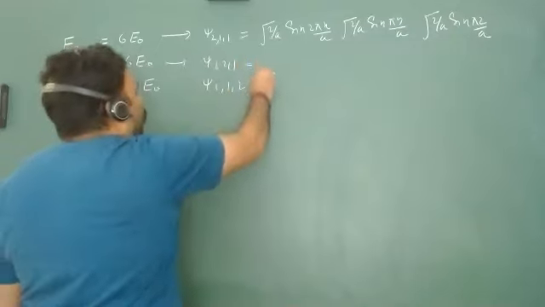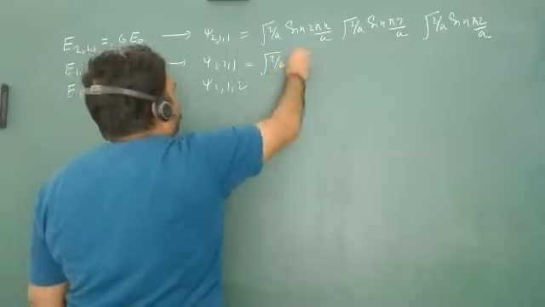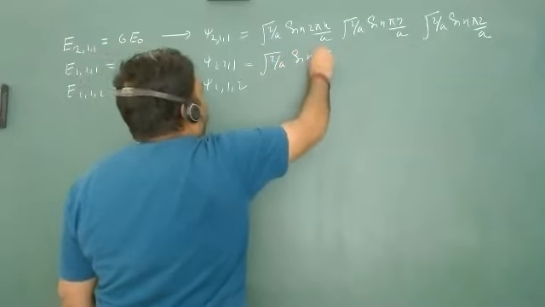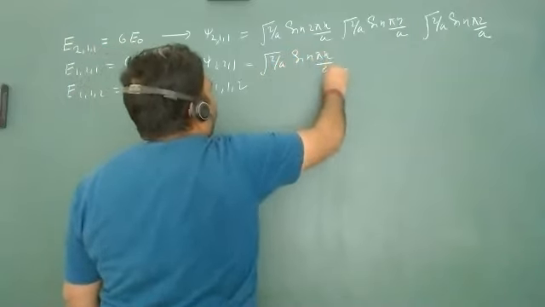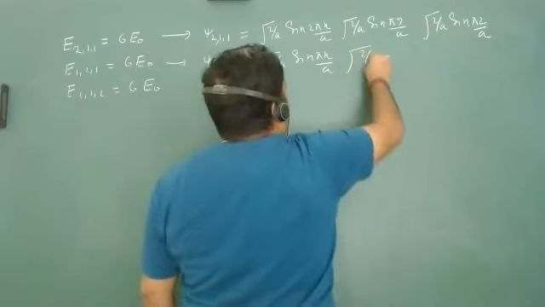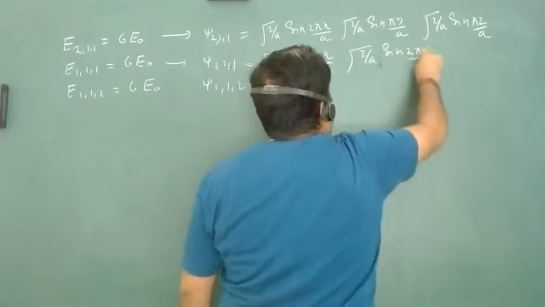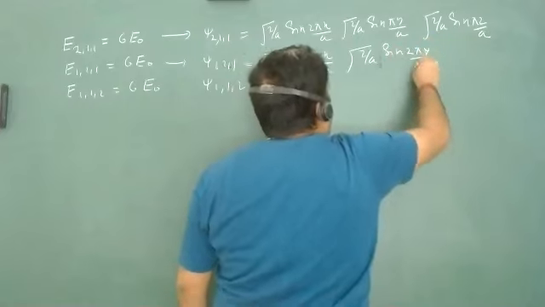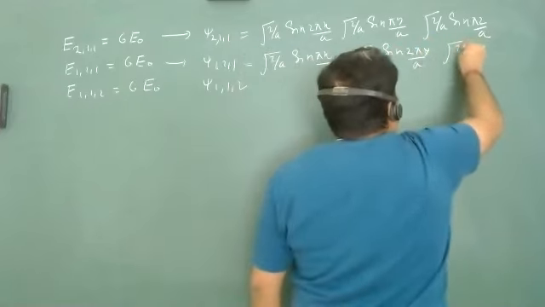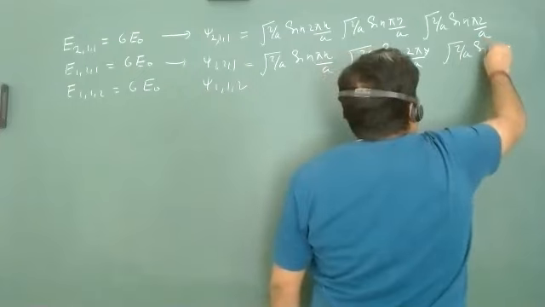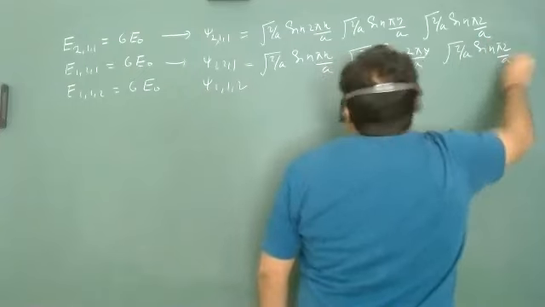Similarly, we have root 2 upon a sine pi x upon a, root 2 upon a sine 2 pi y upon a, and root 2 upon a sine pi z upon a.